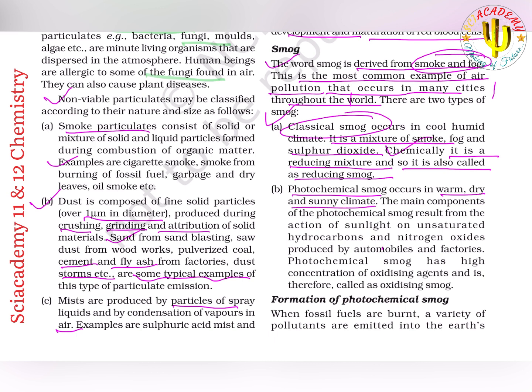The main components of the photochemical smog result from the action of sunlight on unsaturated hydrocarbons and nitrogen oxides produced by automobiles and factories. Photochemical smog has a high concentration of oxidizing agents and is therefore called oxidizing smog.